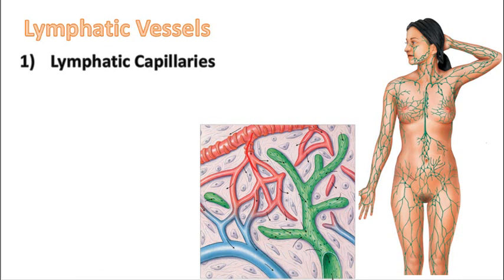Lymphatic capillaries begin as a blind end. If you compare the blood capillaries, you see the blood flows. Let me change the color so you could see it into blue. So the blood flows. This is the arteriole. So the blood comes from the arteriole. As soon as that arteriole branches into smaller vessels, now we call them capillaries.